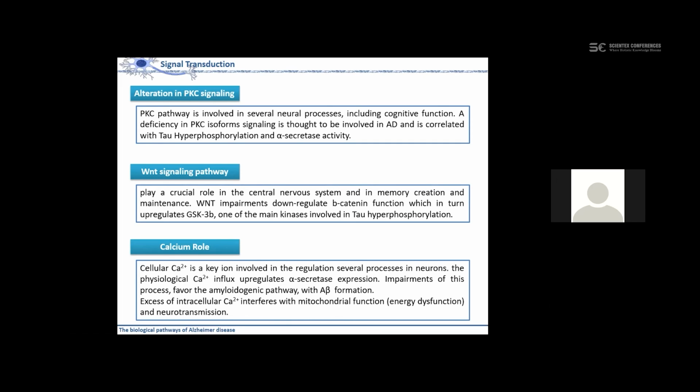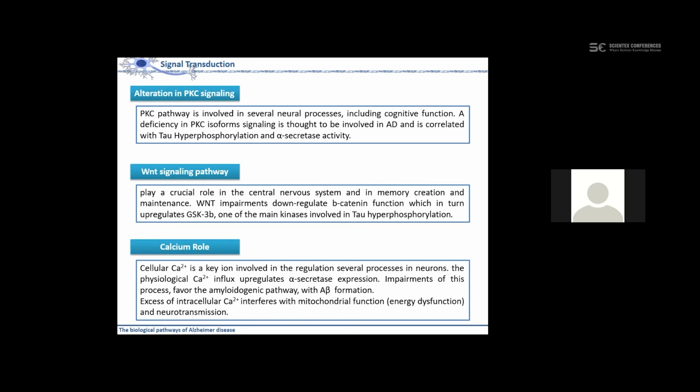All 3 isoforms are involved in several neural processes, including the ones related to cognitive function. In particular, the cPKC and nPKC isoforms could have impact on synaptic formation and plasticity, especially memory organization, or dendritic loss, while aPKC is involved in long-term memory.